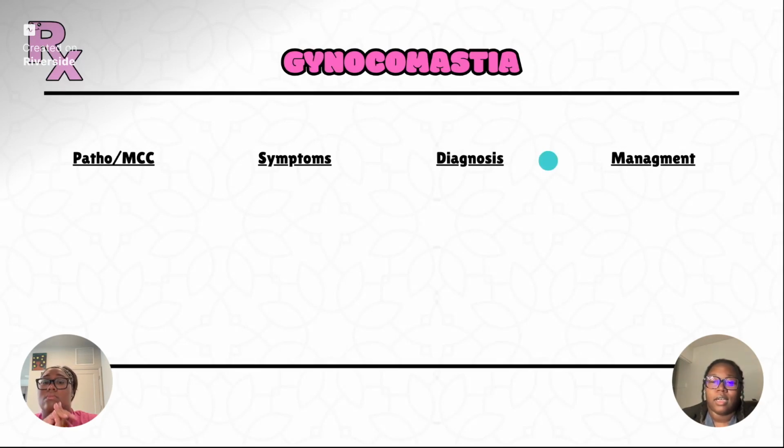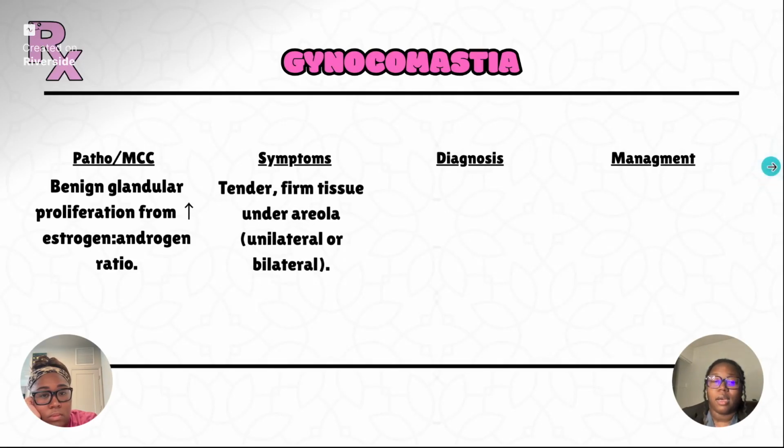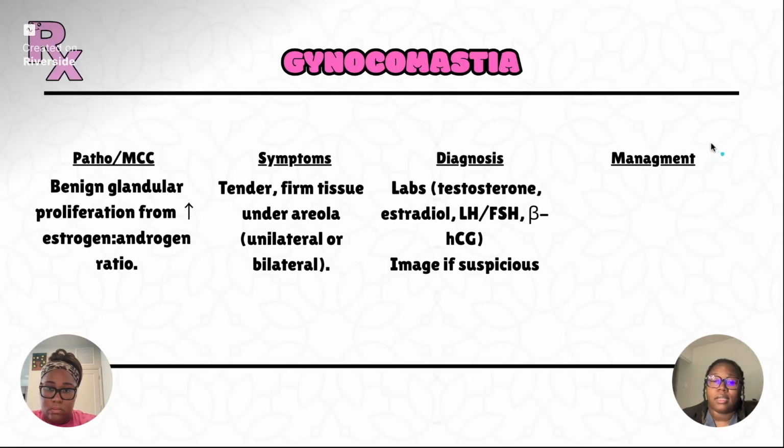You hit it pretty much on the nail. The pathophysiology is a benign glandular proliferation from an increased estrogen to androgen ratio, so there's more estrogen in the body than testosterone. There is tender, firm tissue under the areola, unilateral or bilateral. Labs, like you said, testosterone.